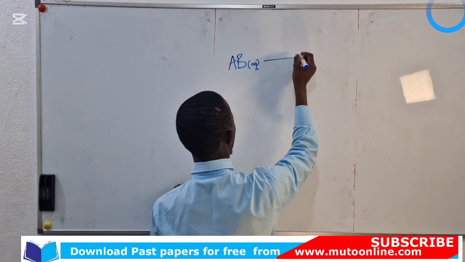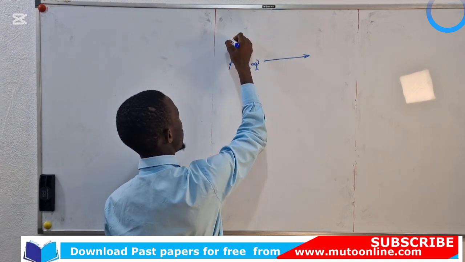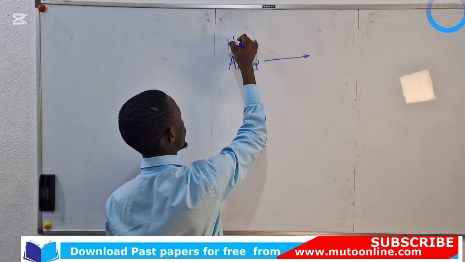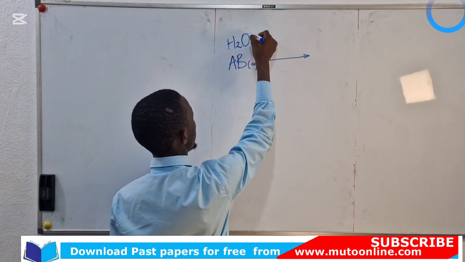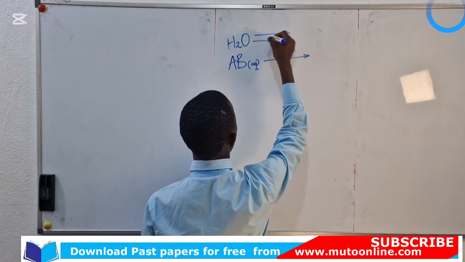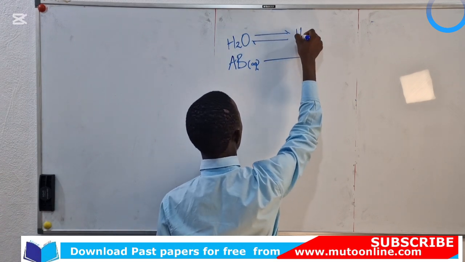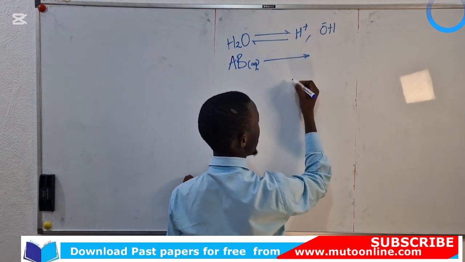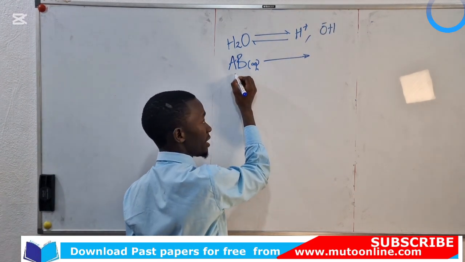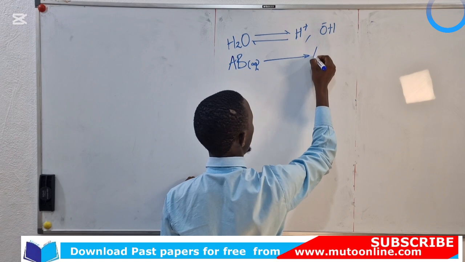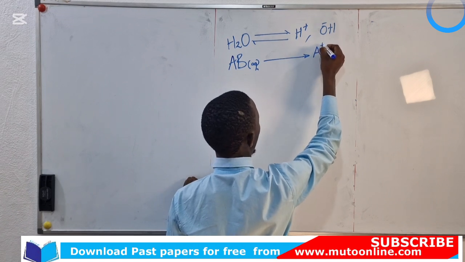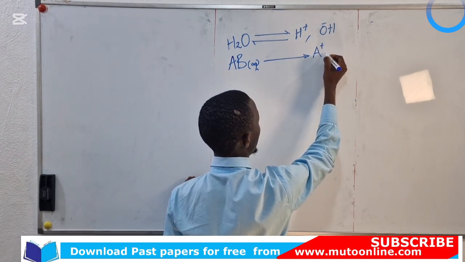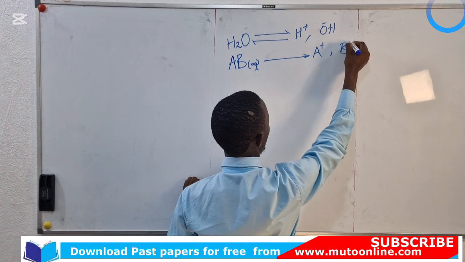It means that this electrolyte, being aqueous, also has water in it. So the water will partially ionize to give hydrogen ions and the hydroxide ions. And then this electrolyte AB will also ionize to give, let's say, a cation A and an ion of B.